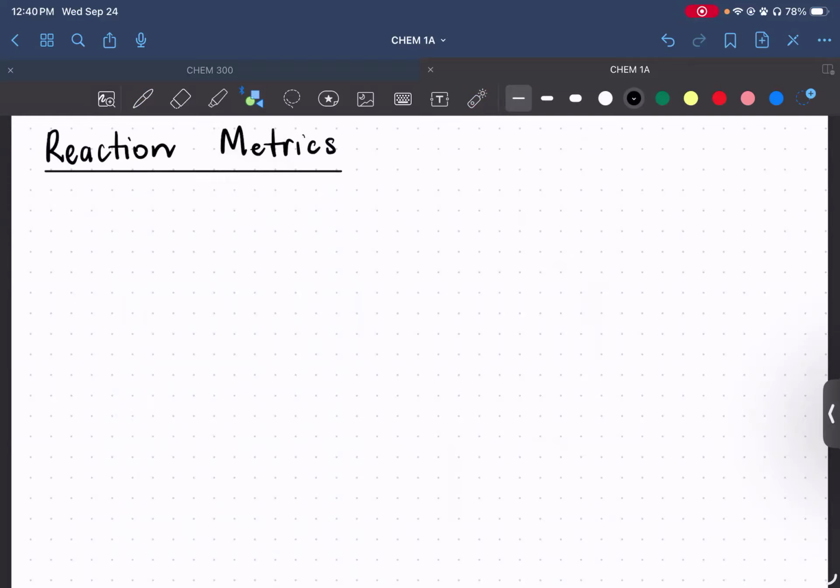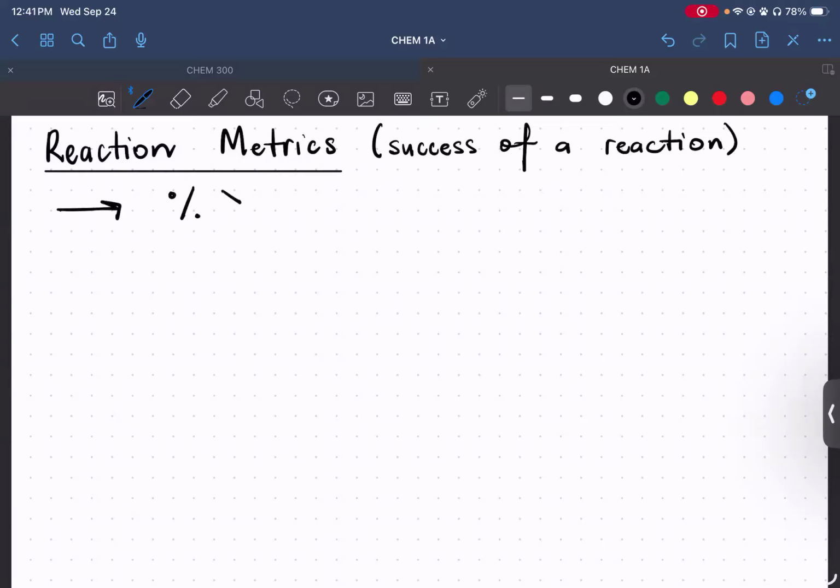You can measure mass, you can get the volume of the product, all that nice stuff. But every once in a while, we do want to measure the success of a reaction. To measure the success of a reaction, we calculate what is known as percent yield.